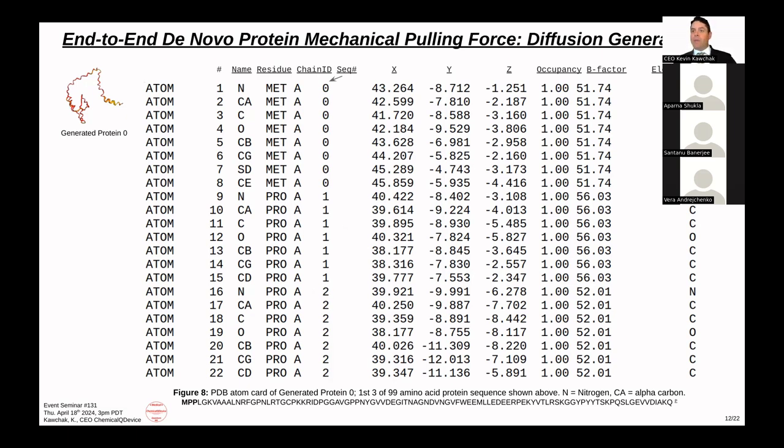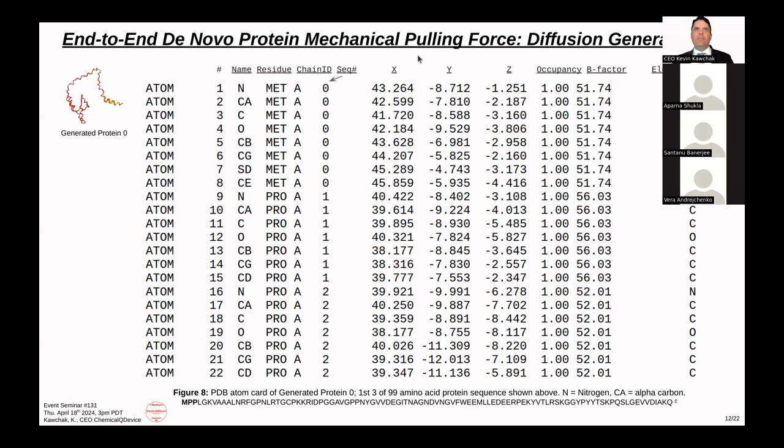Hopefully you've been able to look at charts like this before. Basically, N would be nitrogen, and that's the element name you can see to the right. Then CA would be an alpha carbon, CB I think is beta, and CG would be gamma. Then the element symbol you see over to the right. Then the XYZ, so you can manipulate these in 3D, I think it's py3Dmol, something like that, inside the notebook.